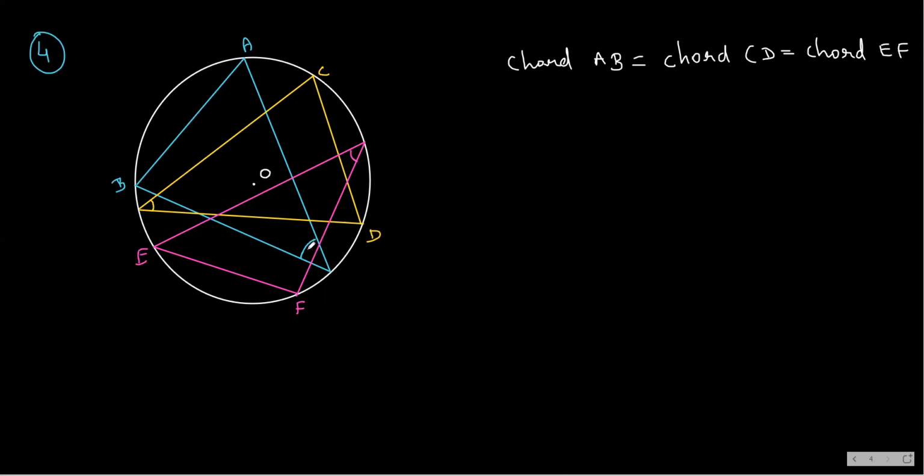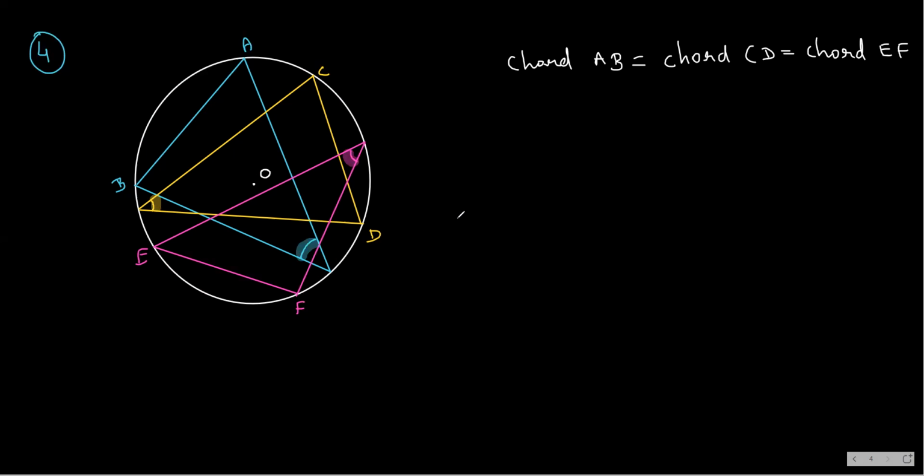Check. See, this is the angle subtended by chord AB. This is the angle. What is the angle subtended by chord CD? It is this. And what is the angle subtended by chord EF? It is this. So remember, students, these three angles will also be equal.